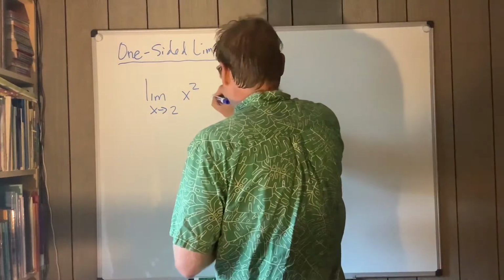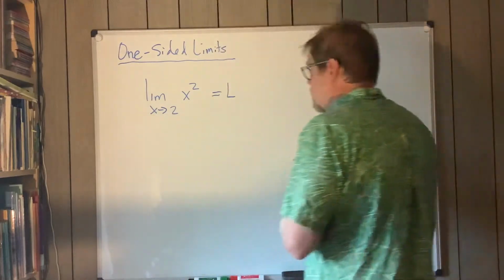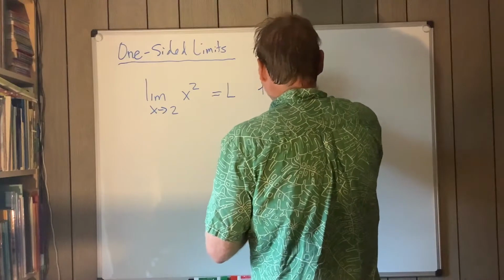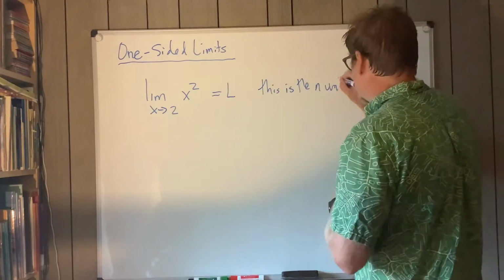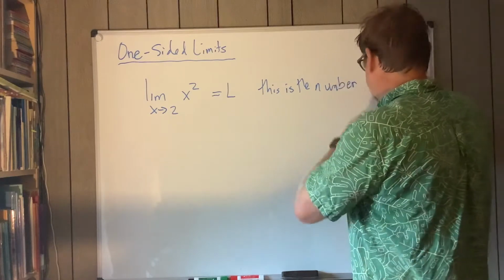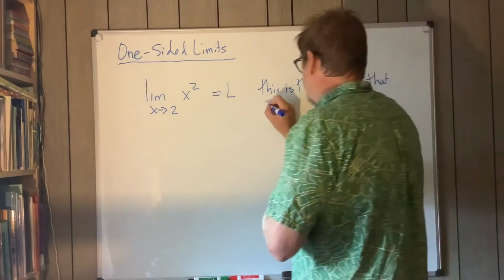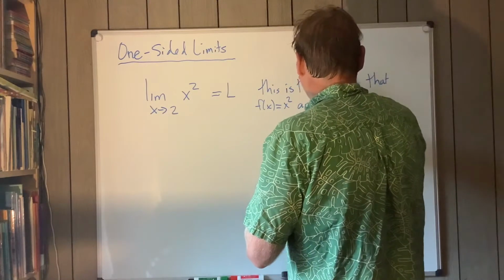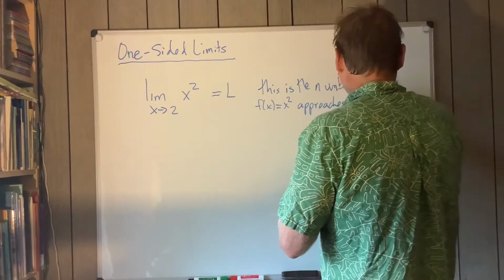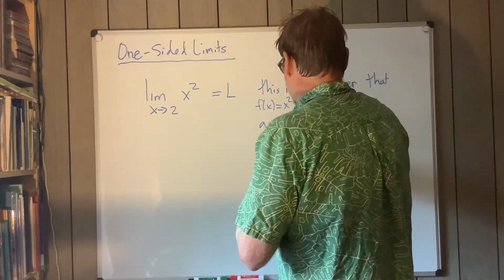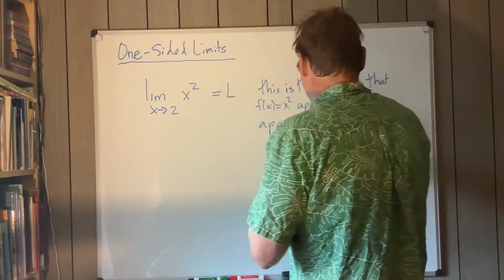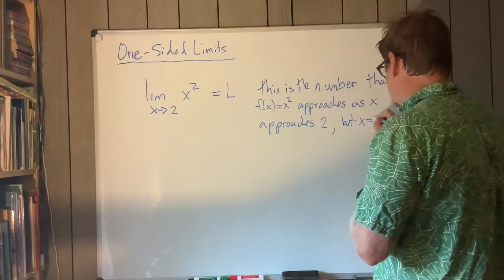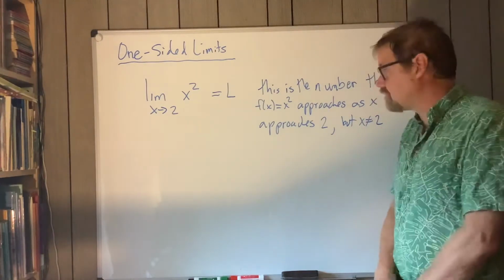I'm going to call this L. Hopefully you may have some sense of it, but this is the number that f of x, as x squared approaches, as x approaches 2, and I'm going to say, but we never consider x at 2.